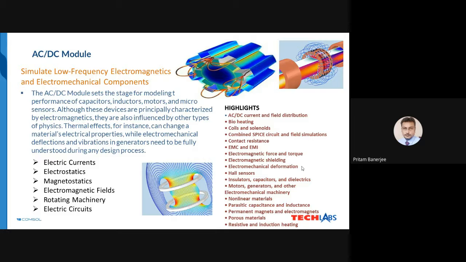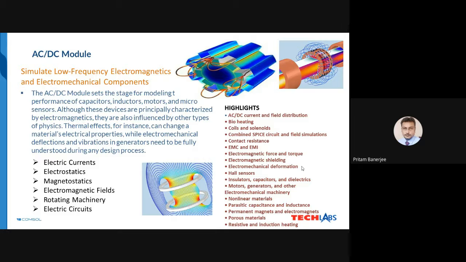We could also get the electrical currents by analyzing the resistive and conductive device efficiency by modeling the DC transient or AC currents. We could study electrostatics, like electrical insulators using electrostatic computations.